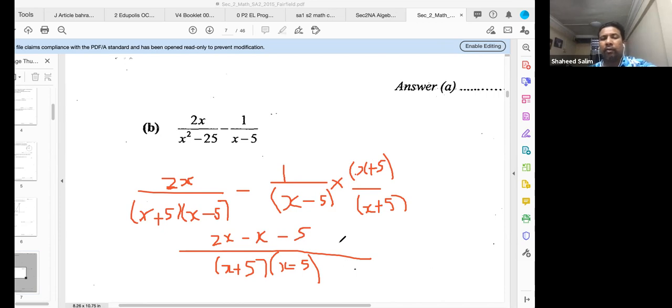Then it equals 2x minus x is x. So x minus 5 over x plus 5, x minus 5. And then you can cancel this.